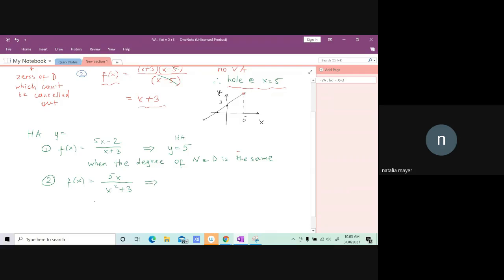While you're thinking, I'll write it down here. Think, please. When the degree of numerator is less than the degree of denominator. Any ideas?